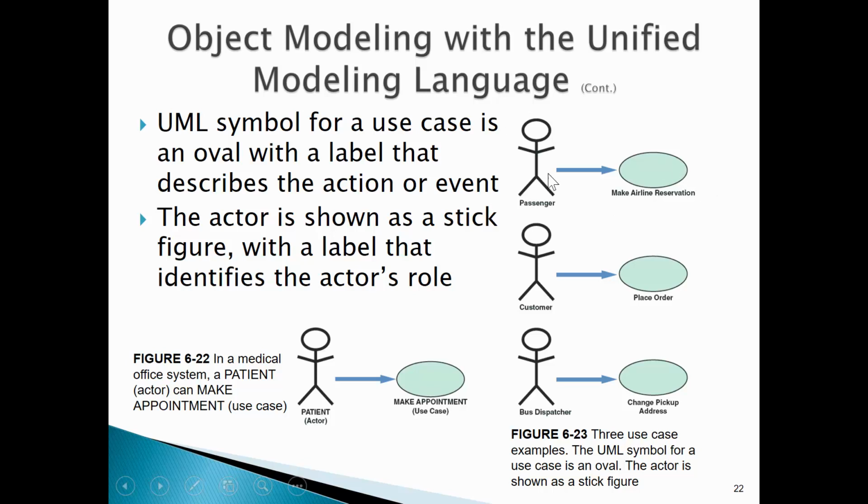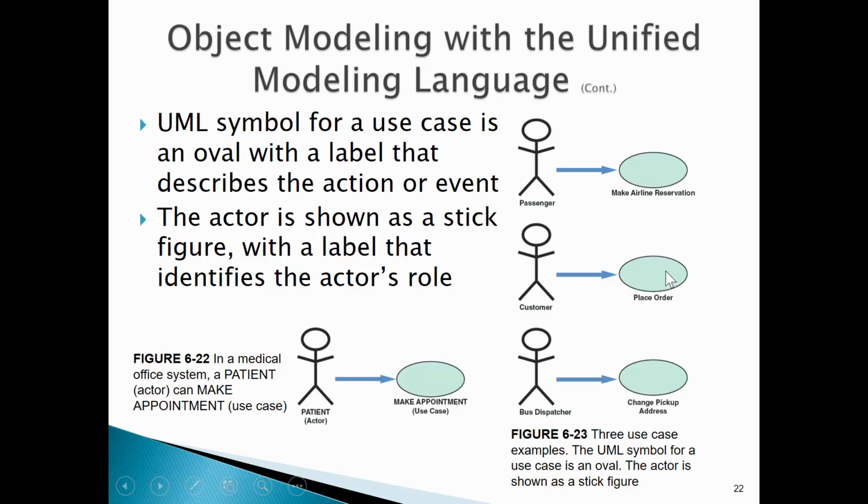And the actor or external entity in this case would be labeled passenger. So a passenger would make an airline reservation, or the message here might even be make airline reservation, so we don't need to necessarily put it twice.